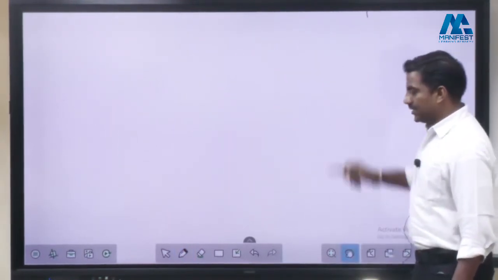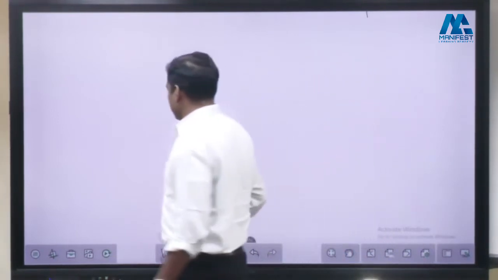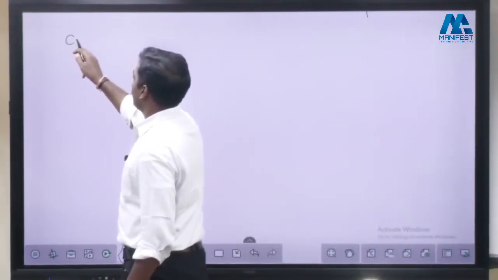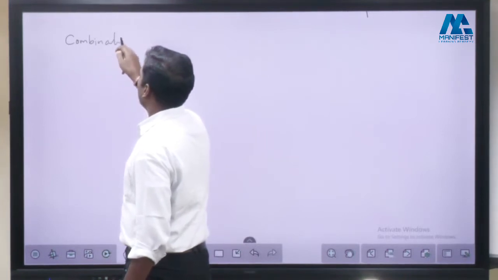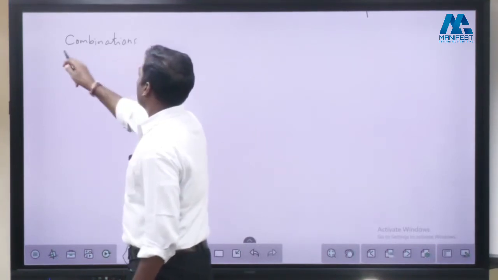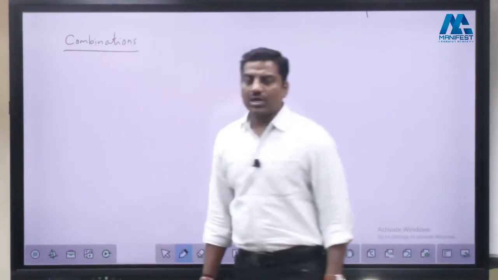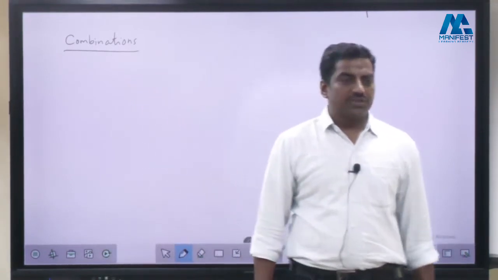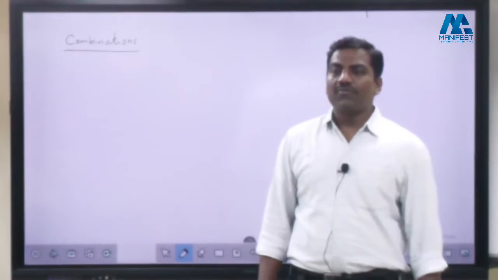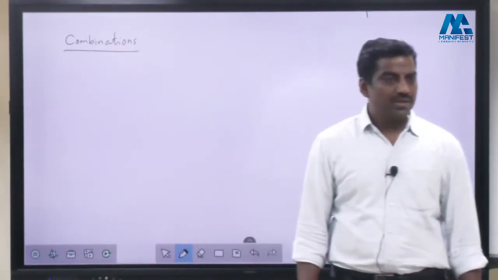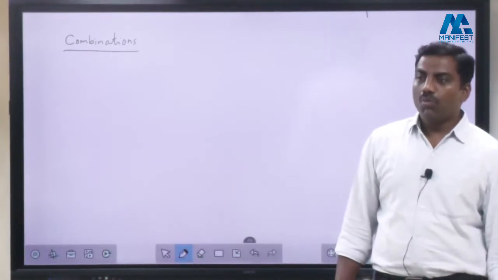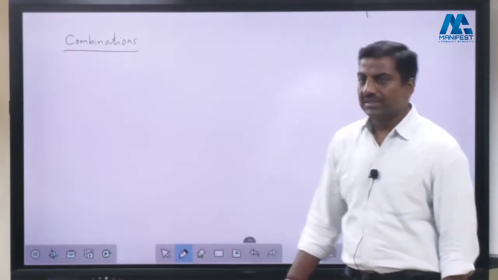Next is combinations. And I told you, for a given situation, the number of permutations will always be more compared to combinations. Do you agree? Number of permutations more compared to number of combinations.